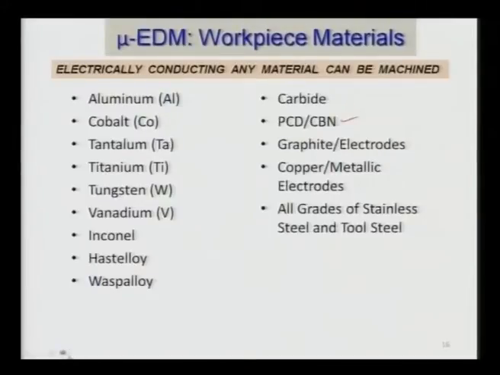Now the basic requirement here, as I have mentioned at the top, is that they should be electrically conducting. So you can use them either for making the tool, or as a workpiece, depending upon the designer.